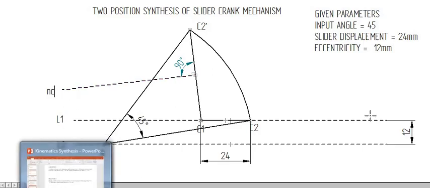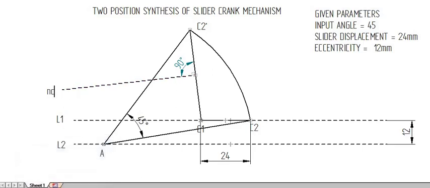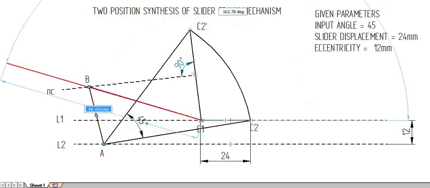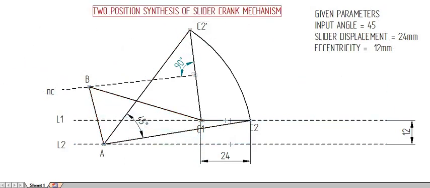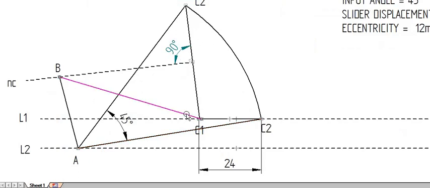Now I am selecting a random point on the perpendicular bisector NC. Let this point be B, which is the selected point, and join A, B and B, C1, which will be the required mechanism.